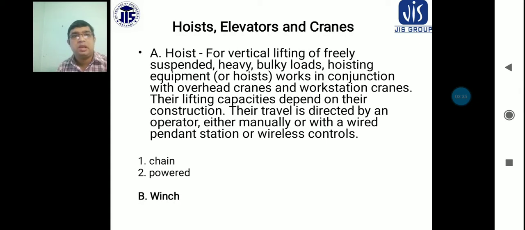Their travel is directed by operators, either manually or with wired pendant stations, or wireless controls are also used for the movement of materials.